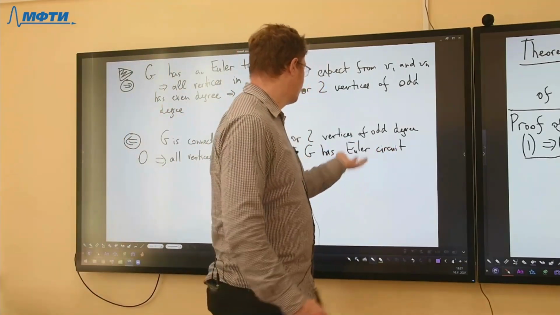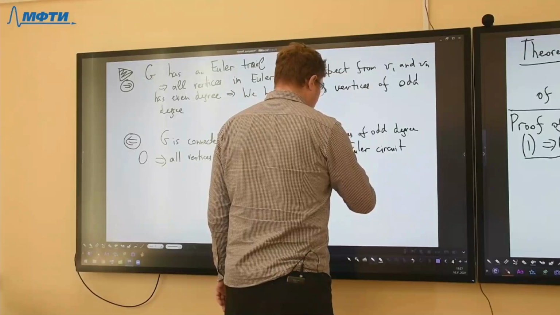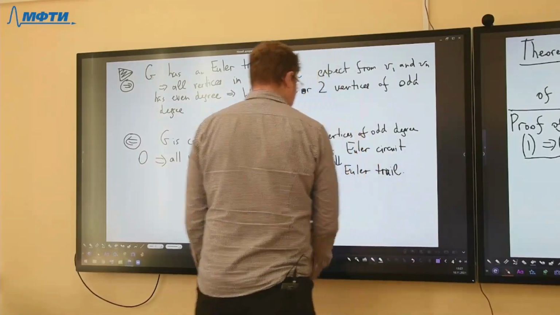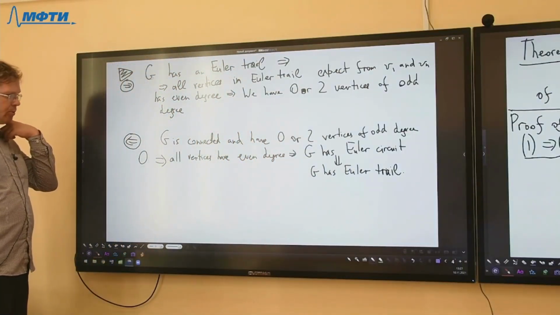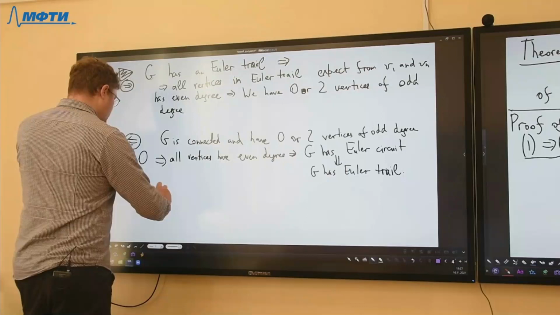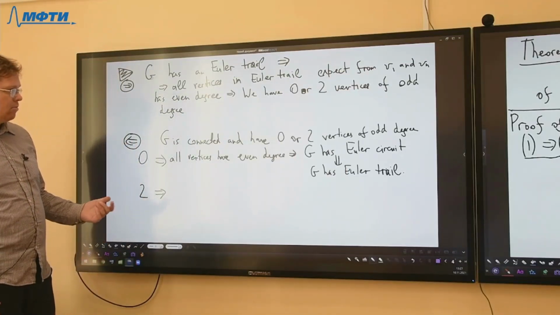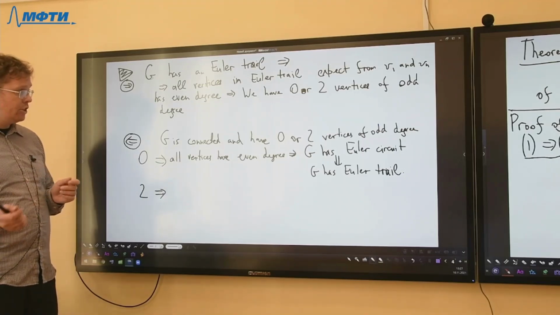The same circuit will be an Euler trail, so we already got what we wanted. But if we have two vertices of odd degree, then we can just connect them by adding one edge.